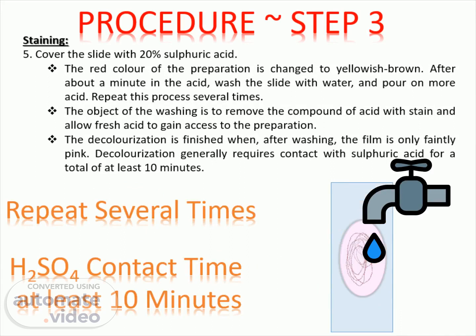Repeat this process several times. The object of the washing is to remove the compound of acid with stain and allow fresh acid to gain access to the preparation. The decolorization is finished when, after washing, the film is only faintly pink. Decolorization generally requires contact with sulfuric acid for a total of at least 10 minutes.